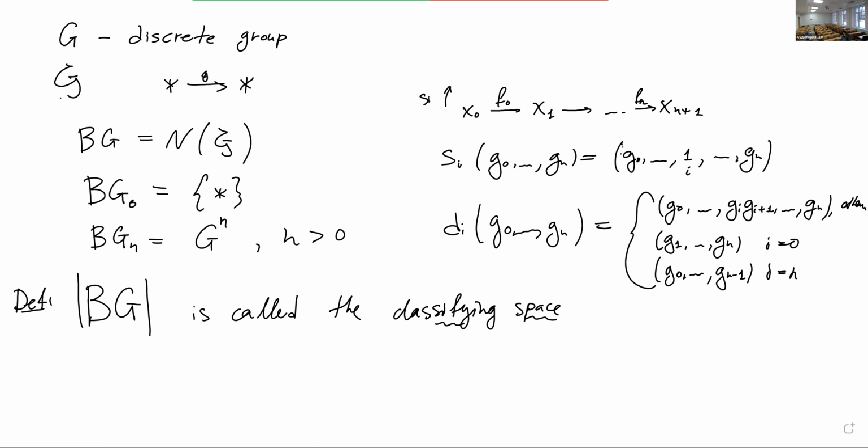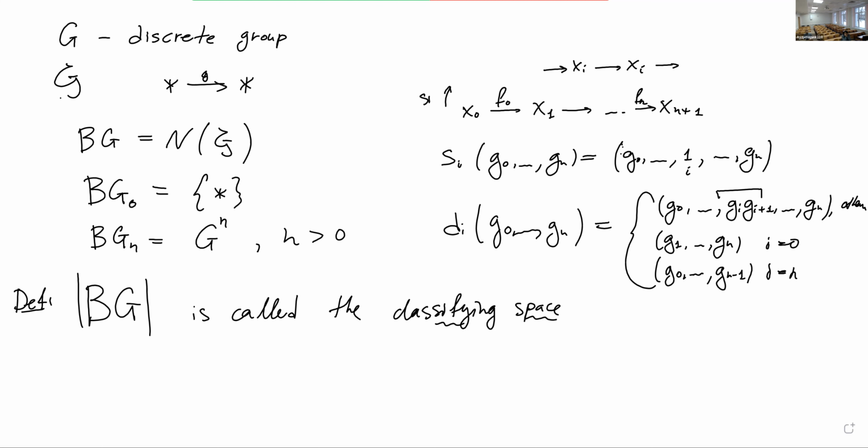We just put at the i-th place the identity arrow, which is always there, and this gives us another sequence of composable arrows, which is longer by 1. And so these are the degeneracies, and what are the faces? The faces work like here.